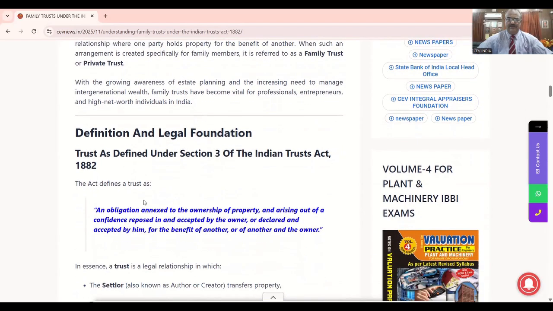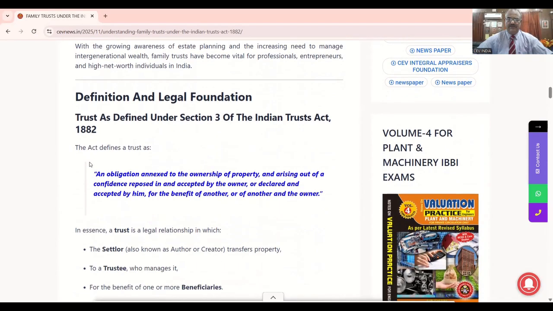Definition and legal foundation. Trust, as defined under Section 3 of the Indian Trust Act 1882. The definition is given in Section 3 of the Indian Trust Act 1882.